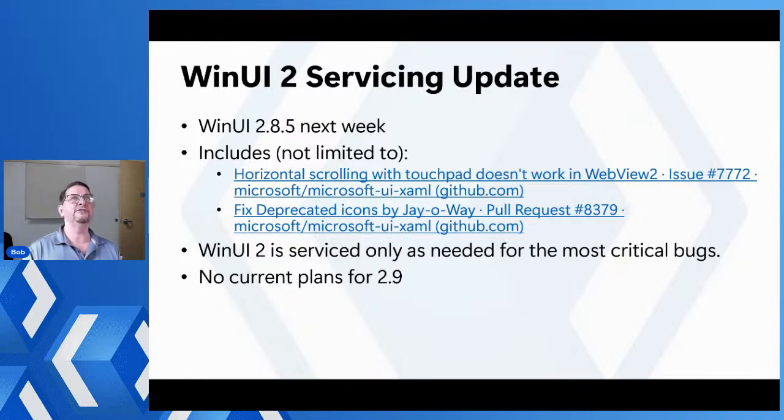Two of the issues in here are the horizontal scrolling with a touchpad that doesn't work, and the deprecated icons, which has been a PR that has taken way too long. I will take the mea culpa on that. But yes, we are not only fixing that, but bringing it down level to 2.8 as well. And that is going in.